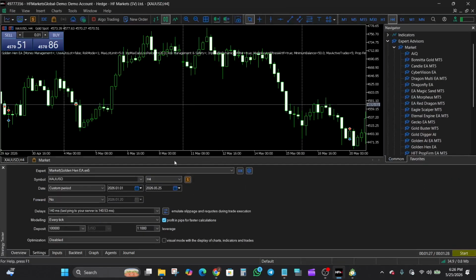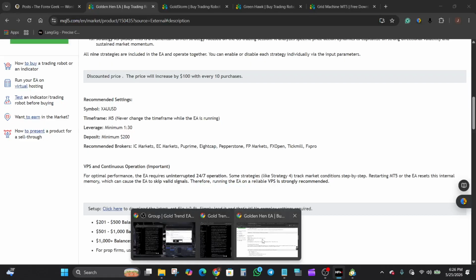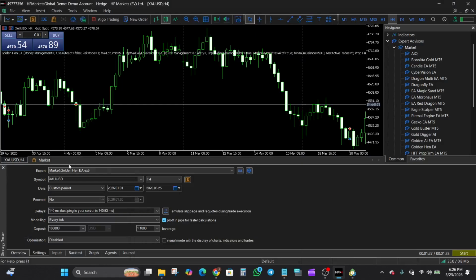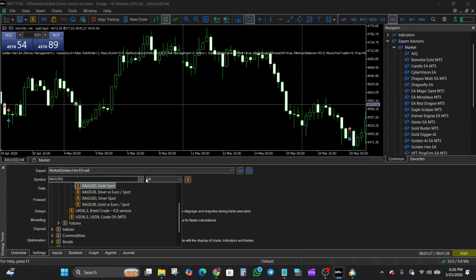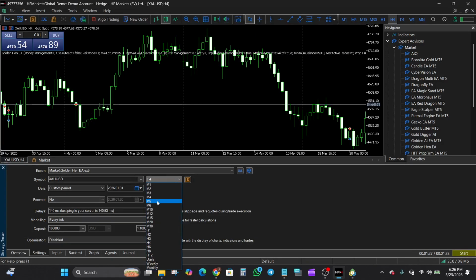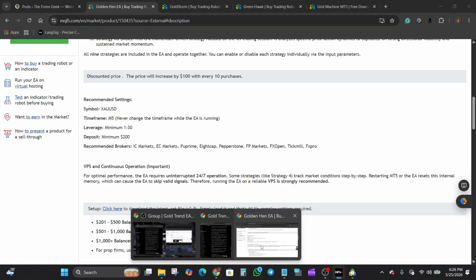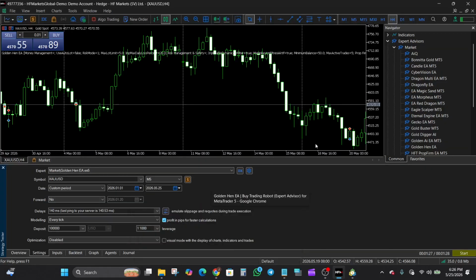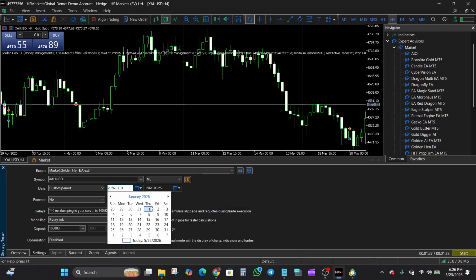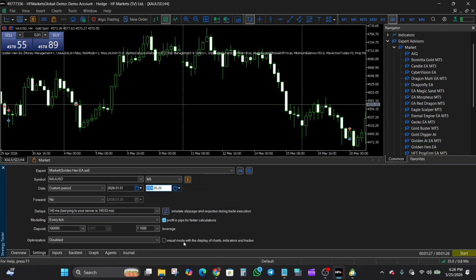Okay, so here we have the Golden Hen EA. The symbol is XAUUSD. We're just going to run the test on the M5 time frame, which is the recommended time frame. All right, we are running the test from the beginning of this year till date, so we can get reasonable data for the backtesting.